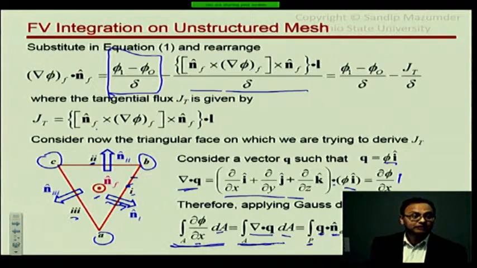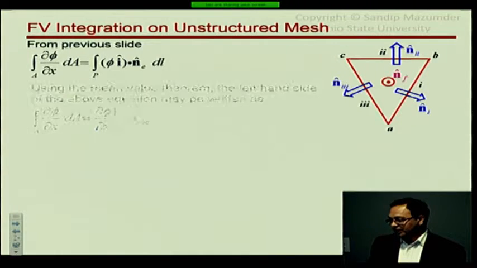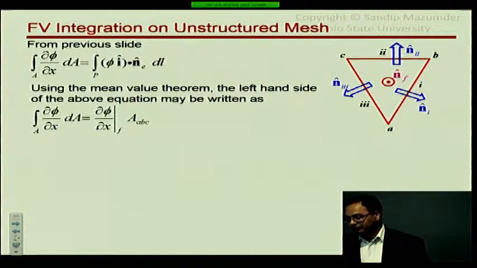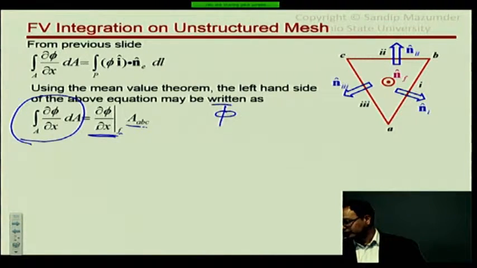Everybody follow that? So this is again application of divergence theorem, but in 2D instead of in 3D. This is what we just derived. I'm rewriting it. Now if I use the mean value theorem, I can say this is nothing but the average value of d phi dx at the face times the area of the face, because average of any quantity over an area is 1 over area times integral over the area.